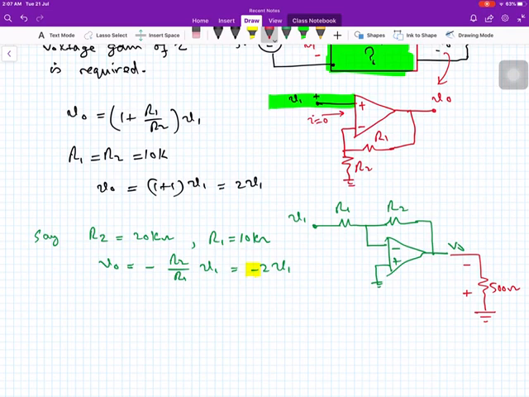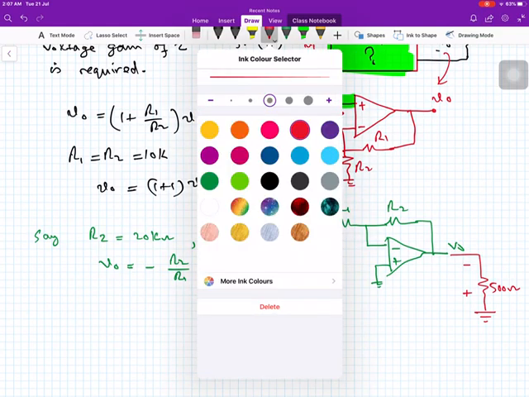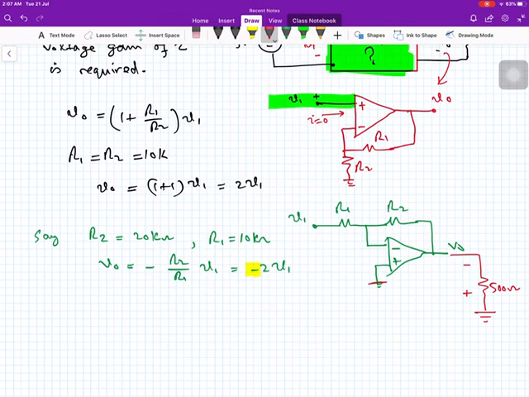But in the bottom option, as I have been saying previously, this is at virtual ground, because it is not actually connected to ground. So it will load the source circuit.